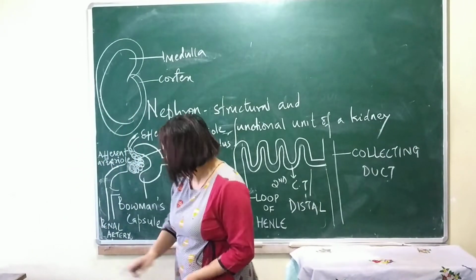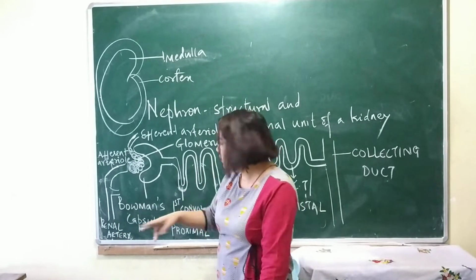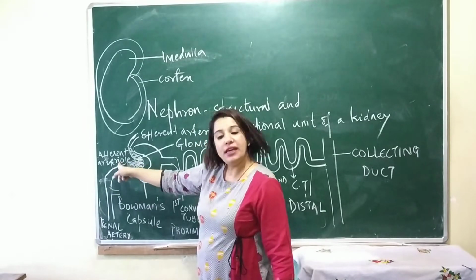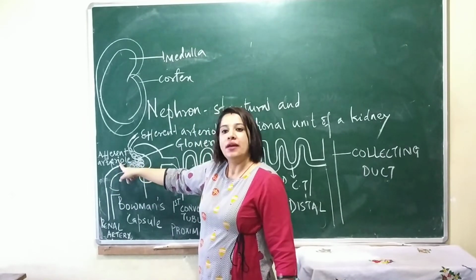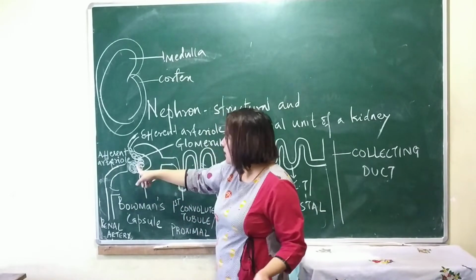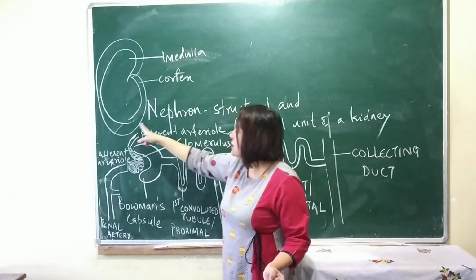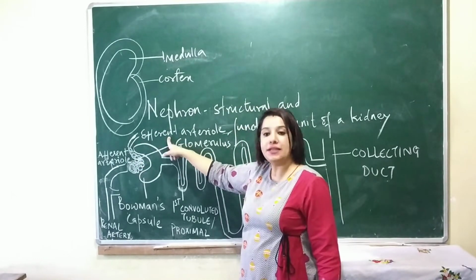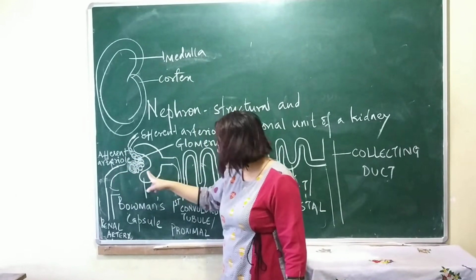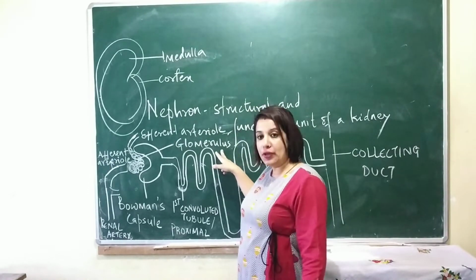So once more, the renal artery brings waste products with the blood towards the kidney. Then they break into afferent arteriole. The afferent arteriole forms a coil of blood vessels inside the Bowman's capsule and comes out as the efferent arteriole. This coil of blood vessels inside the Bowman's capsule is called glomerulus.